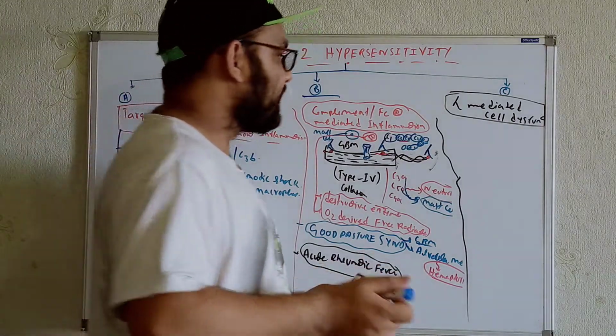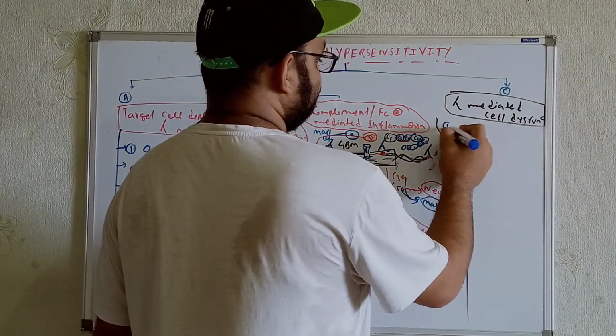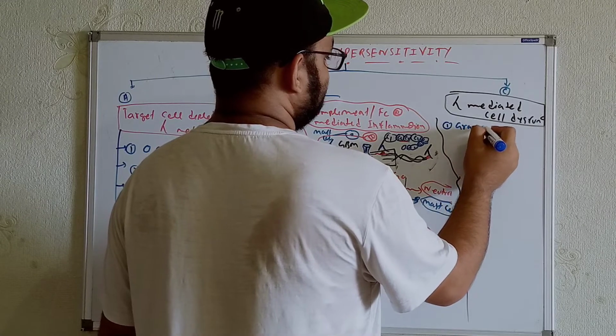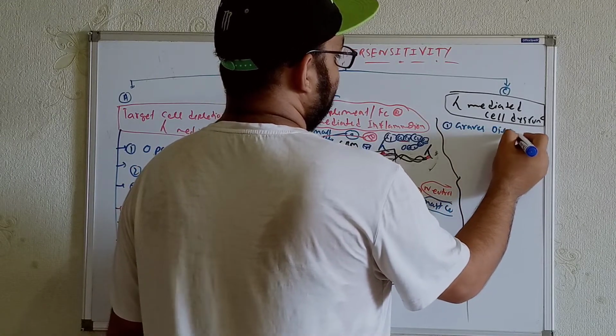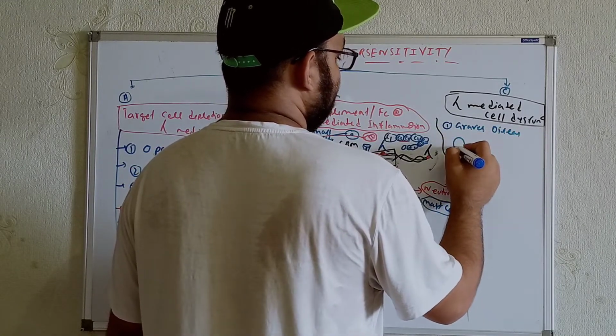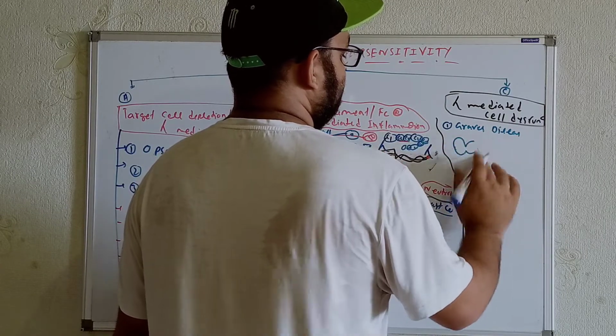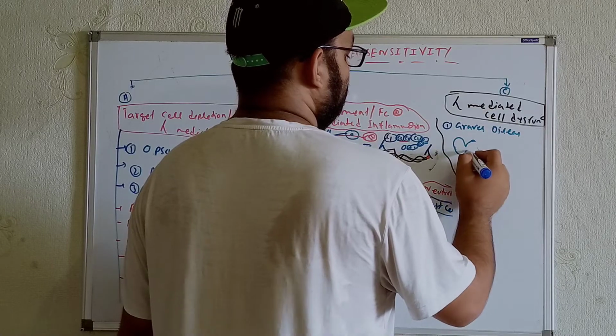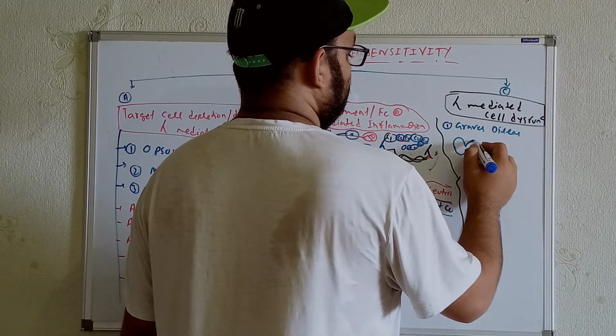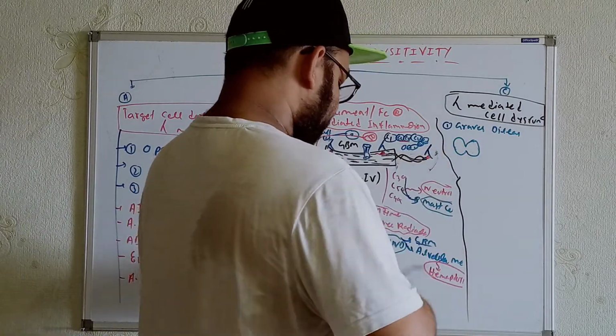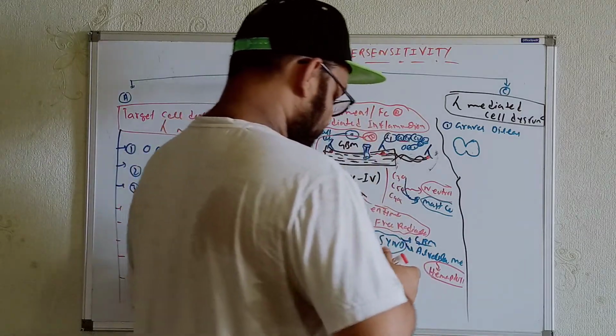For this, the classical example is Graves' disease. What do we know in these cases? The thyroid gland. If you see the thyroid gland, within it there are follicular cells.